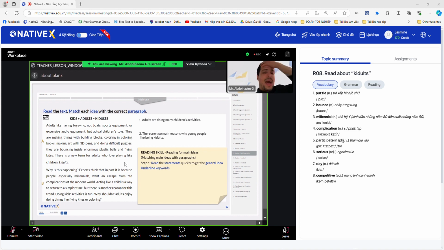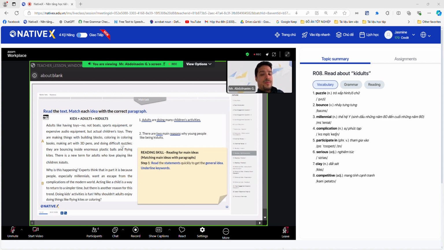Number one, adults are doing many children's activities. The keywords are simpler, adults doing children's activities. Number two, there are two main reasons why young people like being kidults. The keywords are two reasons. Okay?